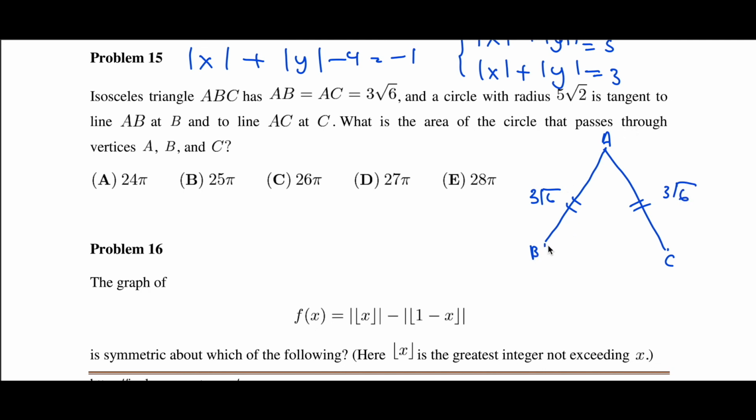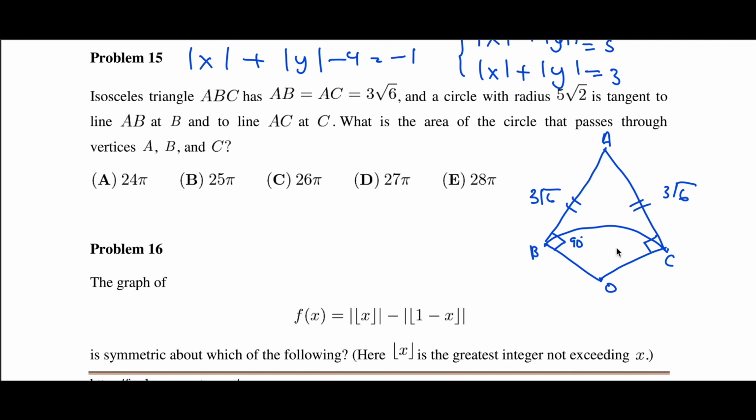Then we're drawing a circle tangent to the lines, so we know that tangent means that the center of the circle O, BO has to be perpendicular to AB, so that's 90 degrees. And AC has to be perpendicular to OC, so this is 90 degrees as well.